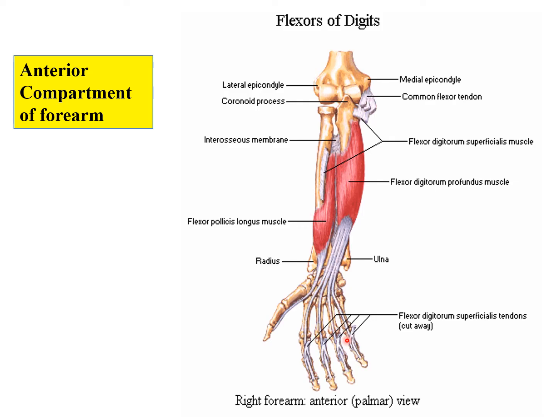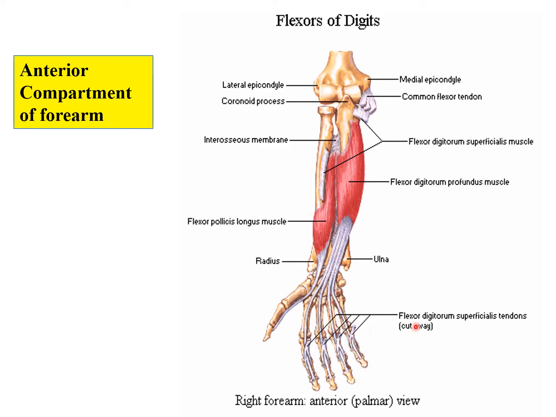So superficialis is reaching till the middle phalanx base, and flexor digitorum profundus is reaching toward the base of the distal phalanx. So flexor digitorum profundus is responsible for the flexion of the middle phalanx, proximal phalanx as well as the distal phalanx.